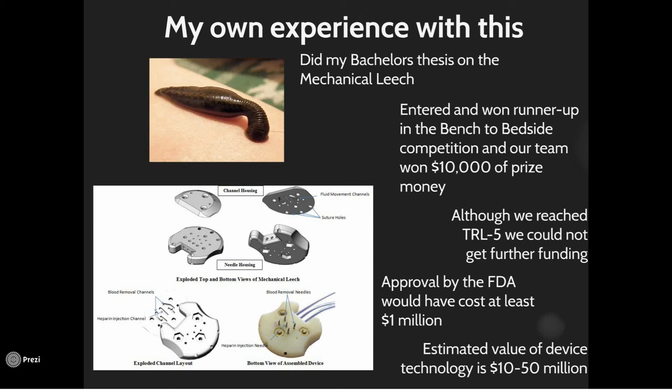It's still used, and obviously there are a lot of drawbacks, but we entered into the bench to bedside competition and won $10,000 worth of prize money. If you remember the technology readiness levels, we were at about level 5, but we couldn't pass. As you heard before, this is the valley of death. We need to get to technology readiness level 7 in order to really be commercially viable.